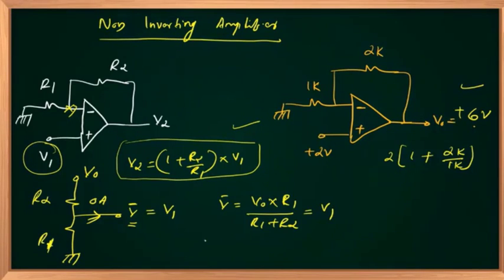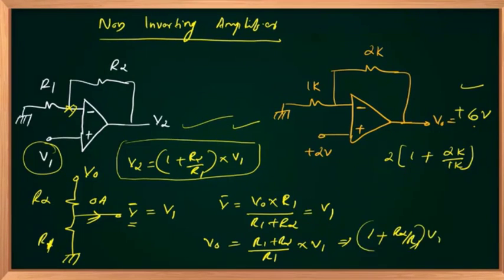So what is V out? Rearranging, V out is R1 plus R2 upon R1 multiplied by V1. That is nothing but your formula here: 1 plus R2 upon R1 multiplied by V1. Then, right?